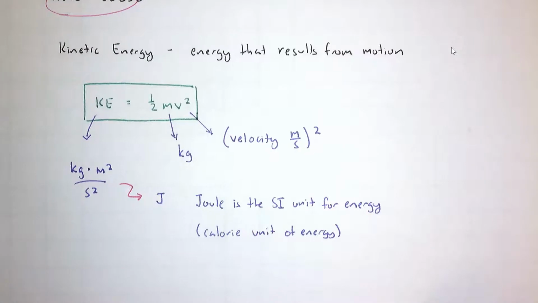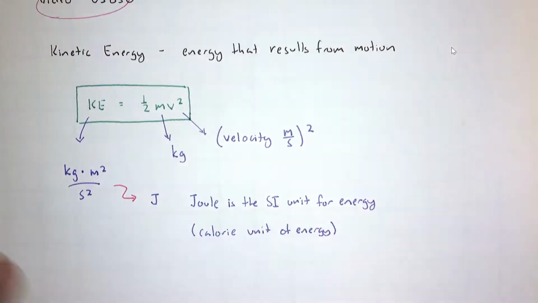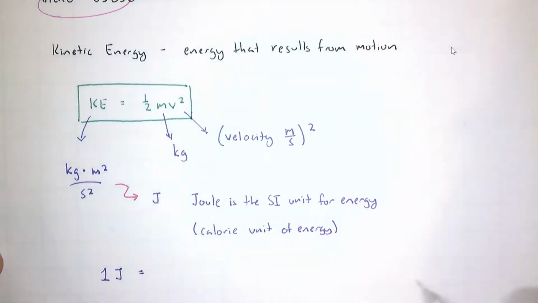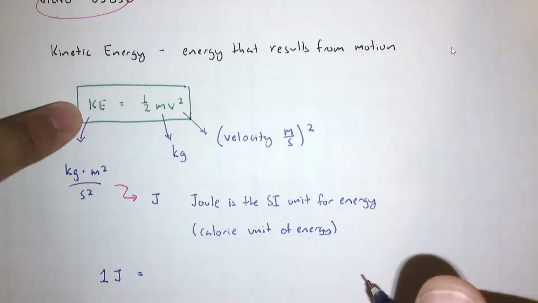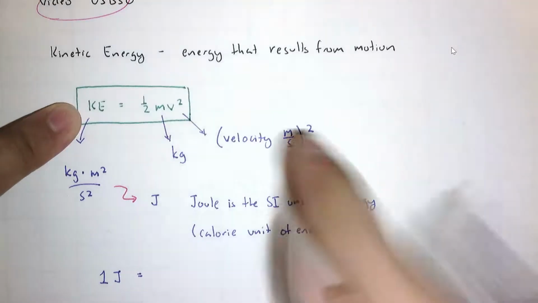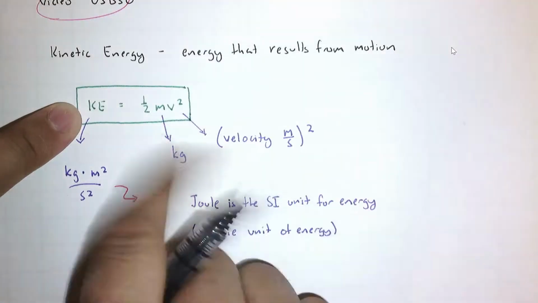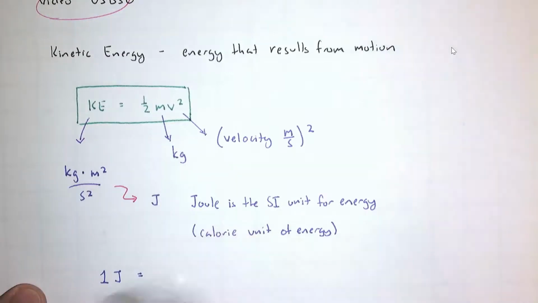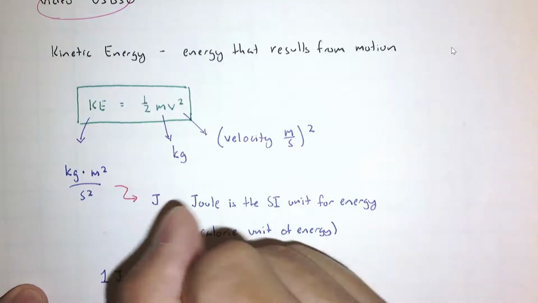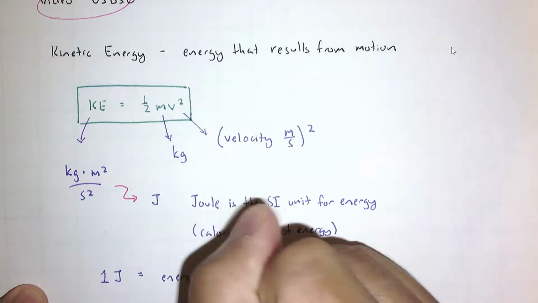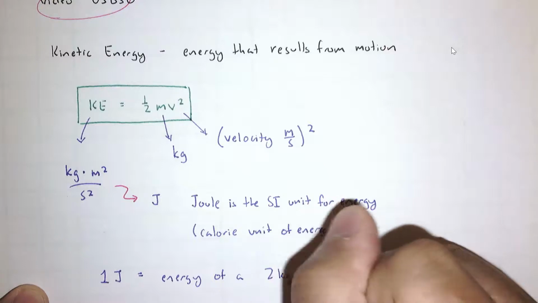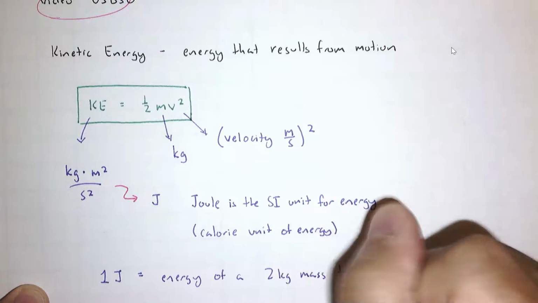All right. One last thing about the joule. 1 joule, 1 J equals. If you think about it, we have 1 joule on the left. What's the combination of mass and velocity that could give me 1 on the left? 1 joule comes from the energy of a 2 kilogram mass traveling how fast?